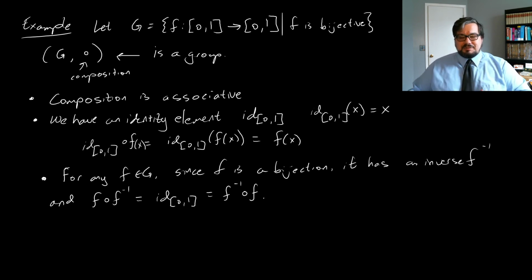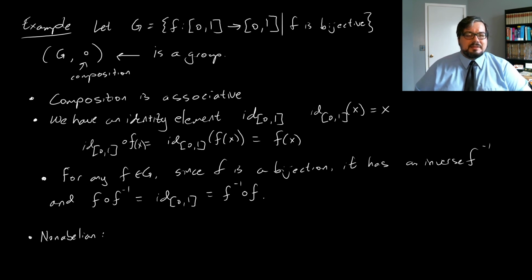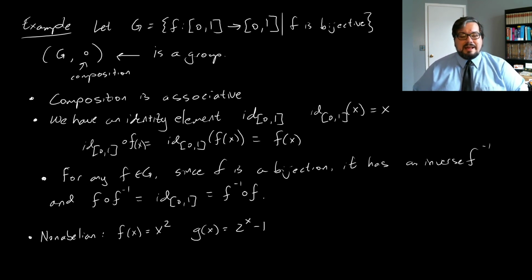And of course, there are lots of different examples that we could show. So to see whether or not this group is abelian, we could take f of x equals x squared. That is a bijection between the interval [0, 1] and itself. And let's let g of x be given by 2 to the x minus 1. This is also a bijection between the interval and itself.